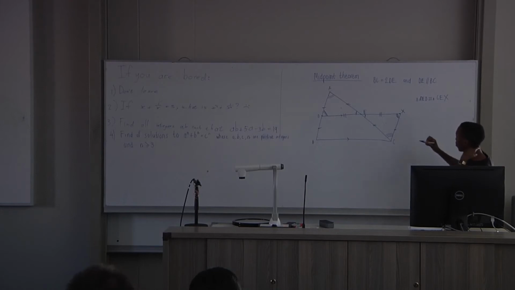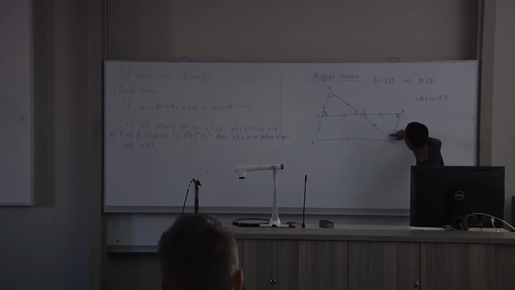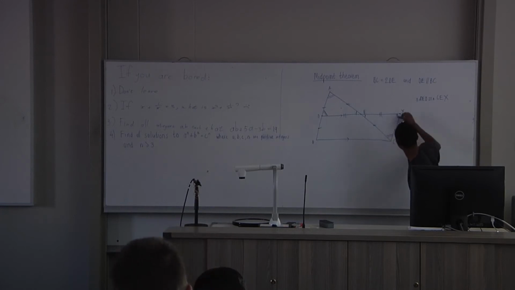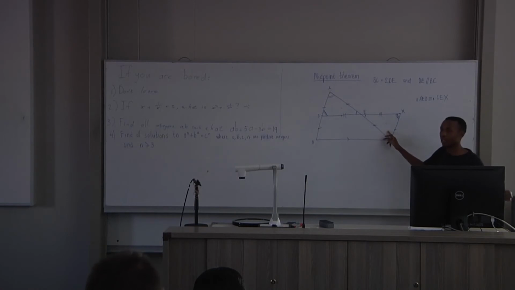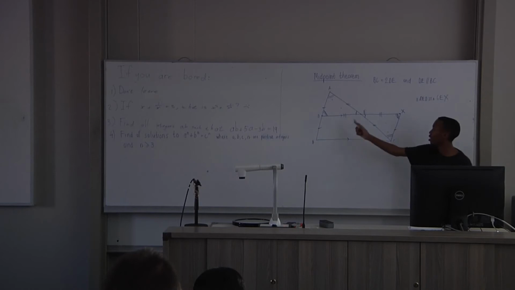And then what can we see about the lines CX and AB? Since this angle is equal to this angle, what can we say about the lines AB and CX?